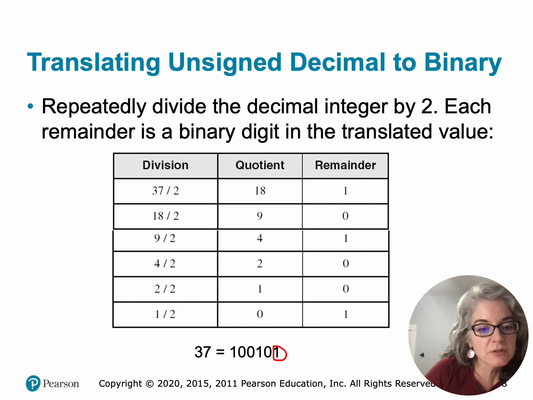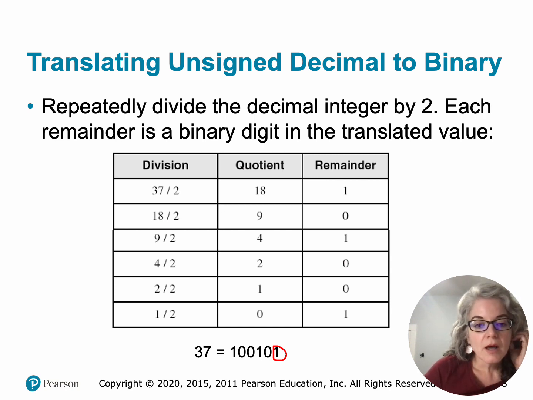4 divided by 2 is 2 with a remainder of 0. 2 divided by 2 is 1 with a remainder of 0. 1 divided by 2 is 0 with a remainder of 1.